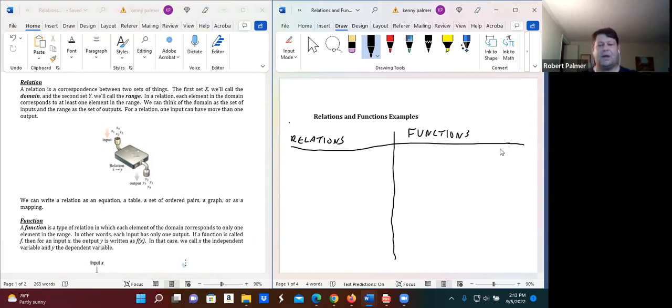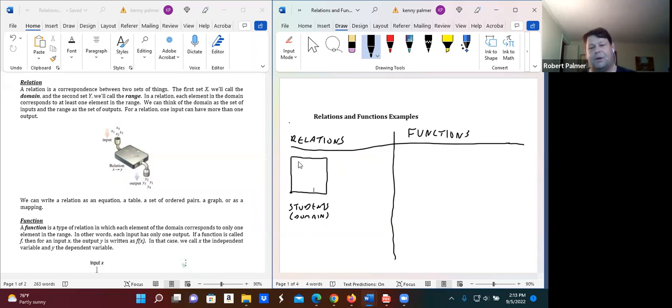So first, let's imagine we're assigning students to classes in college or even high school. So let's say this box is going to be our domain. These are our students. These are inputs.